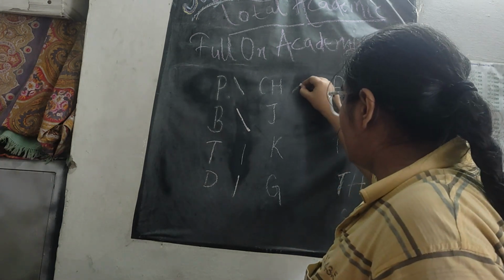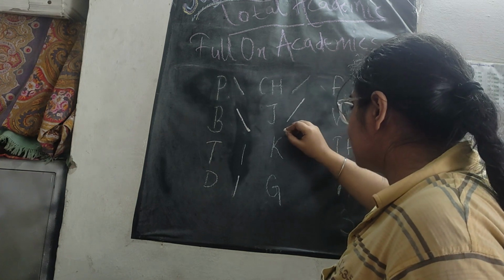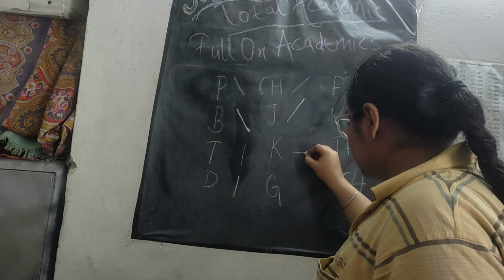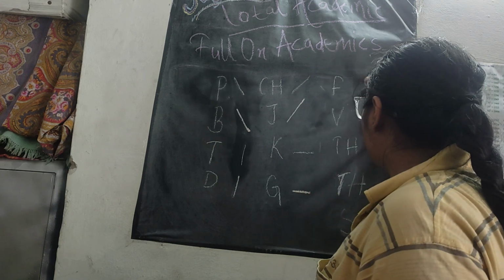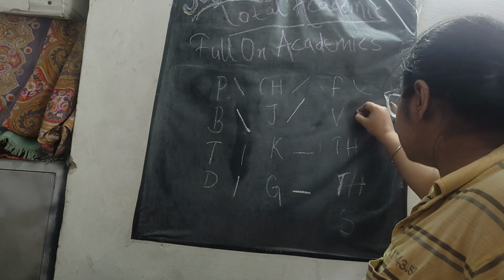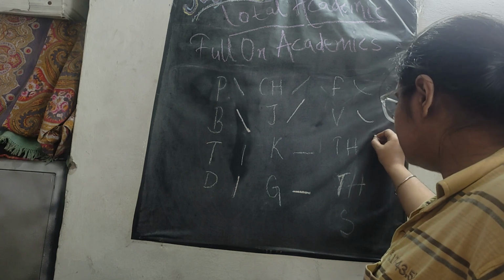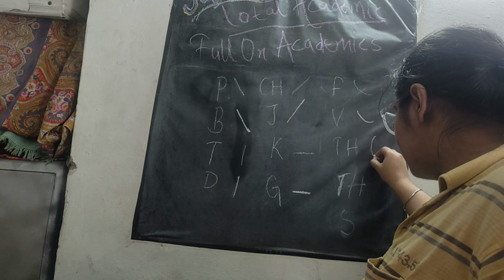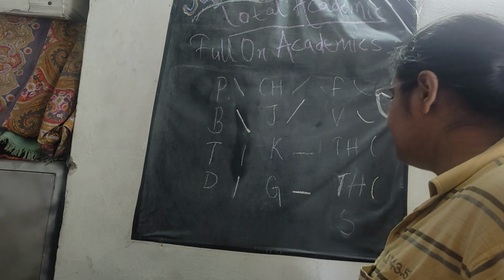CH is going upward, so a lightened stroke. J is a darkened one. K is a lightened stroke. G is a darkened stroke. F is a lightened curve. V is a darkened curve. ITH is a lightened curve. D is a darkened curve.